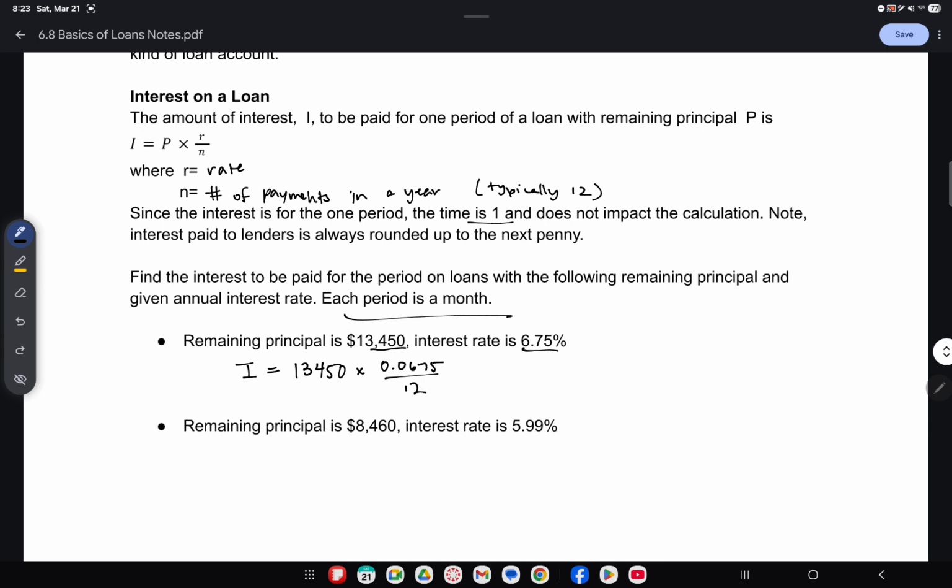So 0.0675 divided by 12 times 13,450 gives me 75.65625, but we're going to round up. So 76.